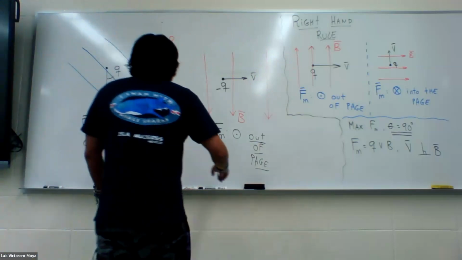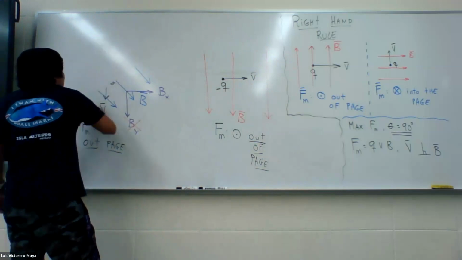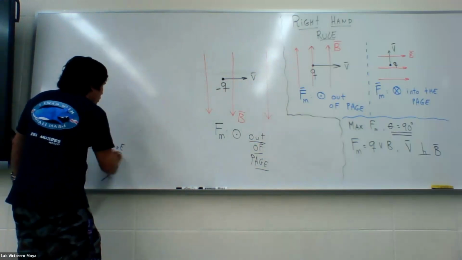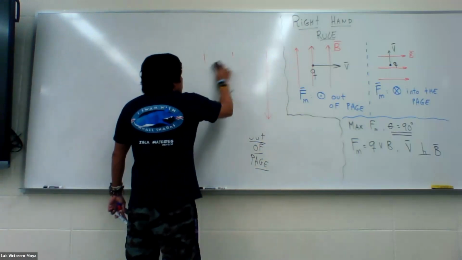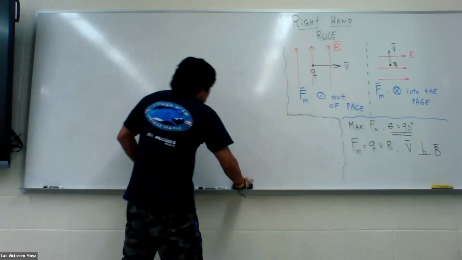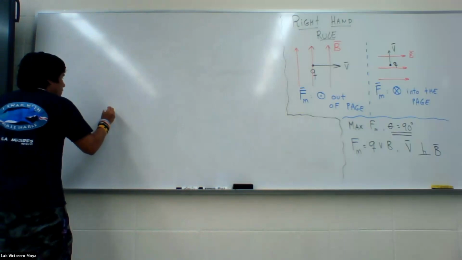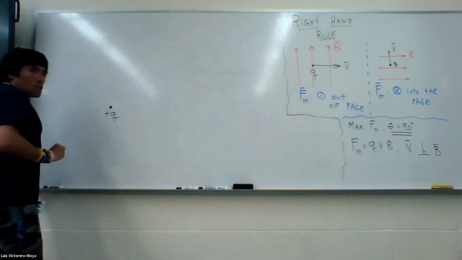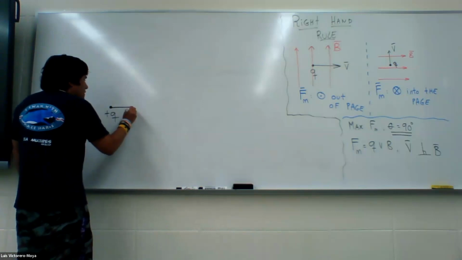So let's show you the application of magnetic forces applied on a moving charge, using the right-hand rule, of course. Let's suppose you are given a positive charge here. And the charge is moving towards the east with some velocity.